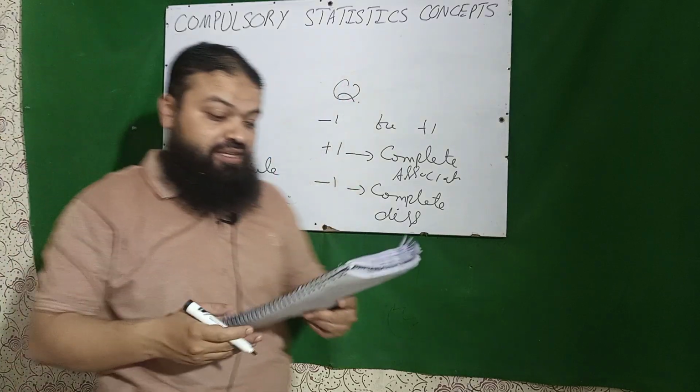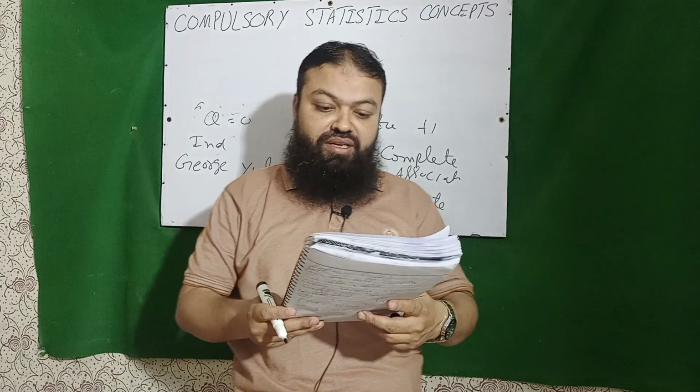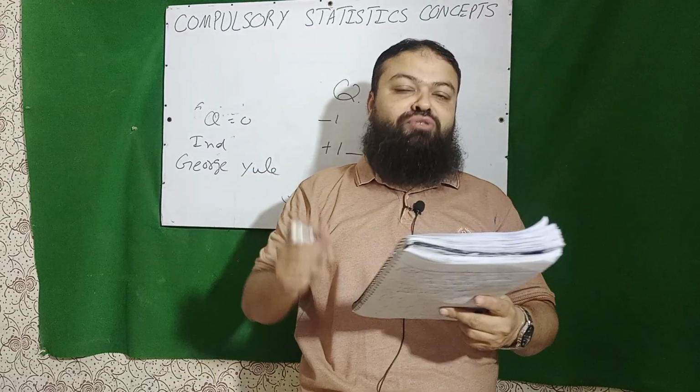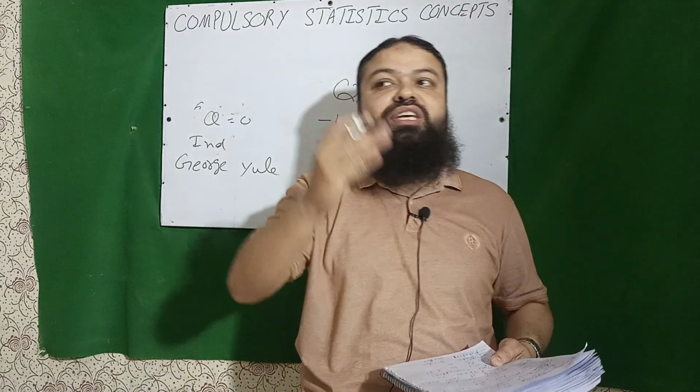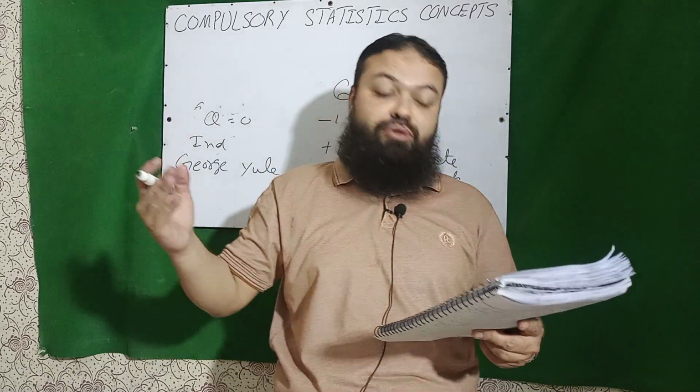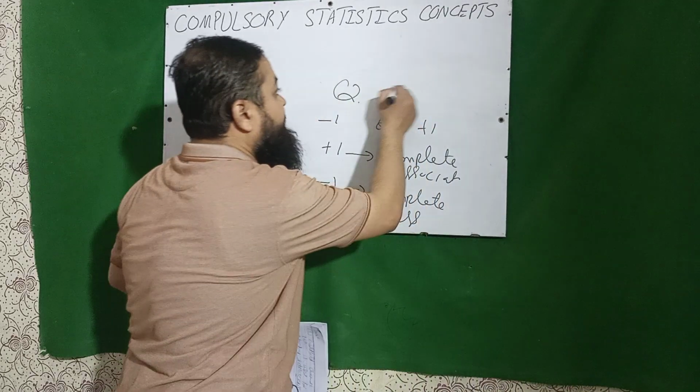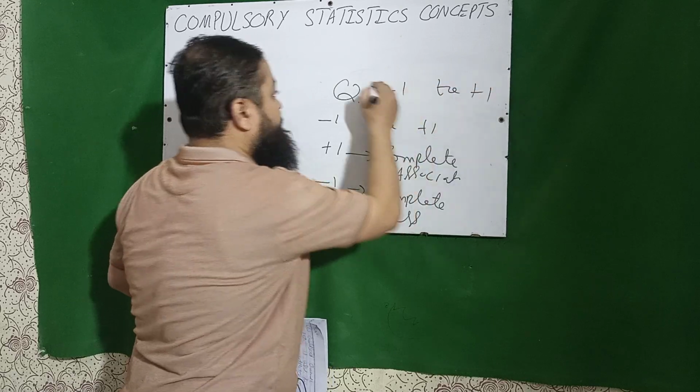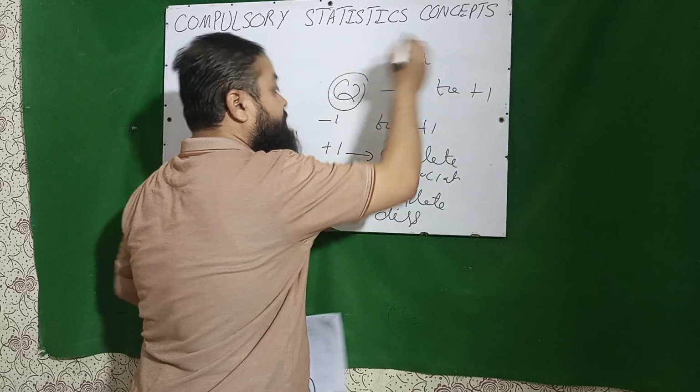Many concepts can be learnt by this much. Next question is, partial correlation coefficient is calculated for 3 or more variables. A very important question. Its range is -1 to +1, like the coefficient of association, like the correlation coefficient also.